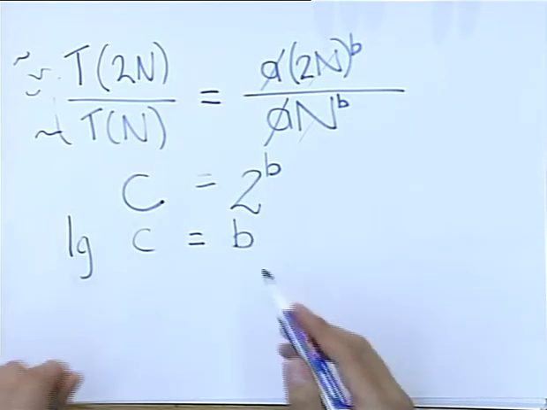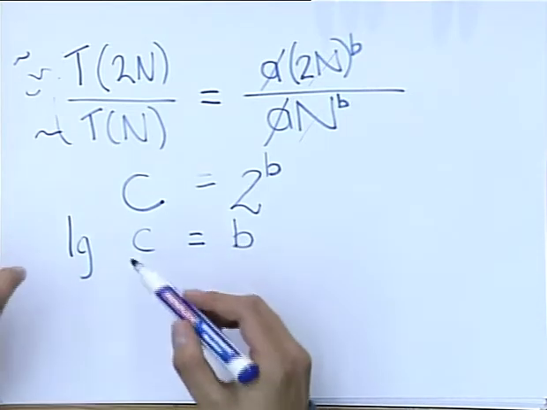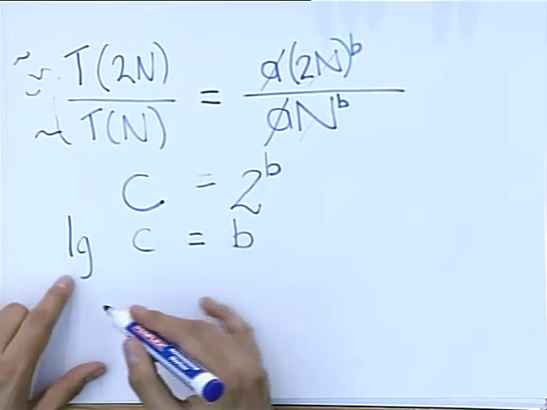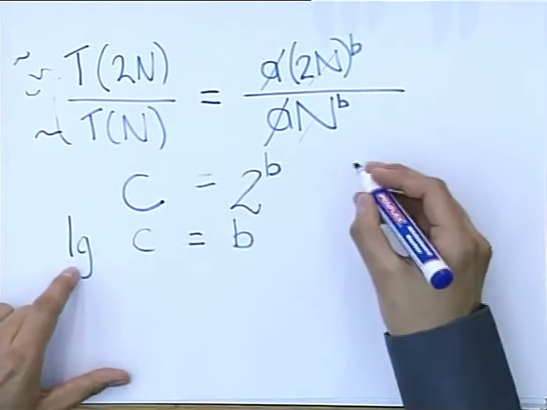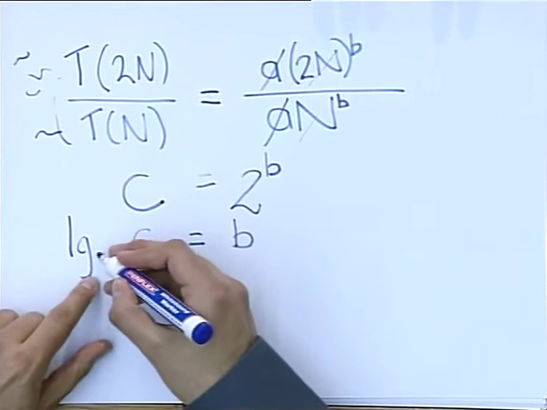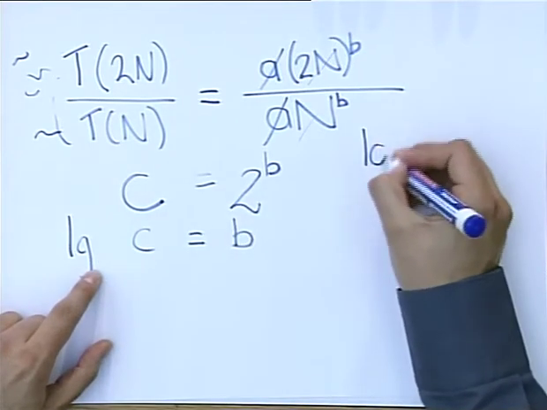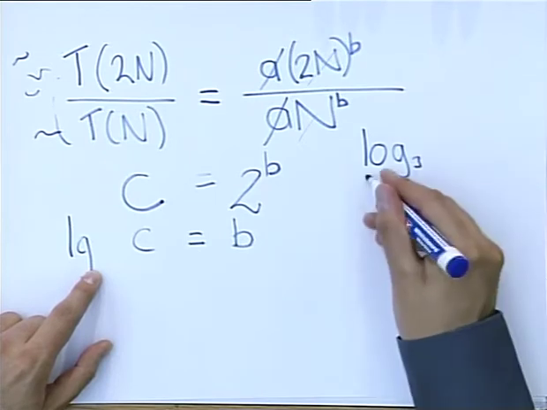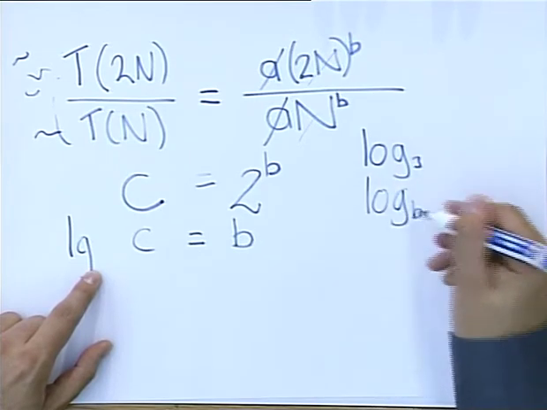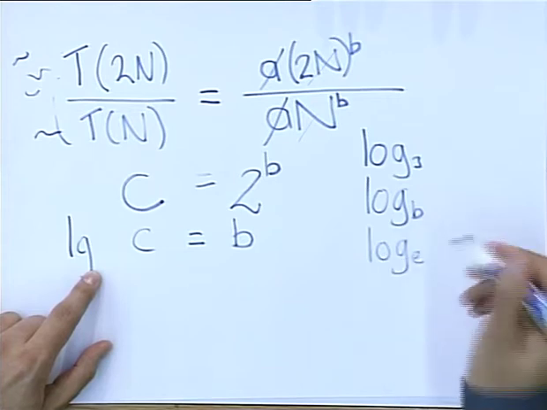Now I should just mention this, since maybe some of you are saying, what on earth is going on? Remember, in mathematics, log can have a base number. So you can have log base 3, or log base b, or even log base e.